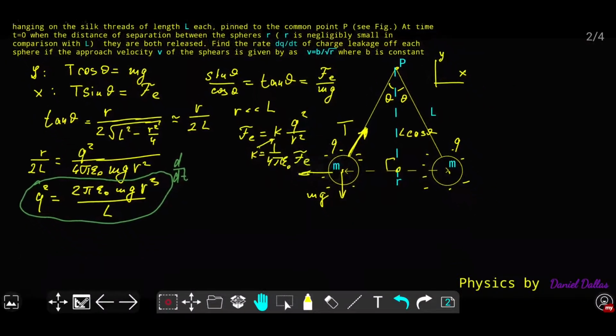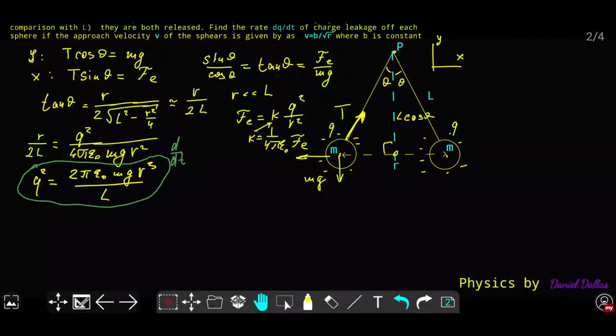Right now we take the derivative, so it's going to be dq dt, but because Q squared is a compound function, we need to put 2Q before. So that's going to be 2Q before, and finally we've got 2 pi epsilon 0, that's the coefficient, and g over L, and if you take that, it's going to be 3 r squared and dr dt.